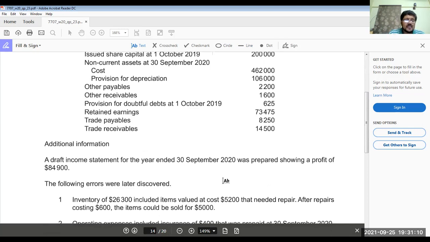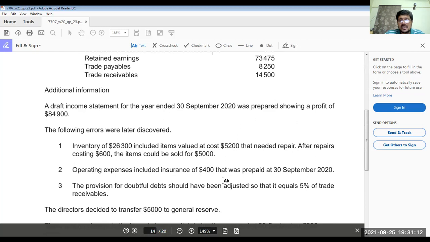Okay. The following errors were later discovered. Inventory 26,300 included items valued at cost 5,200 that needed repair. After repair costing 600, the item could be sold for 5,000. So the NRV is 4,400.